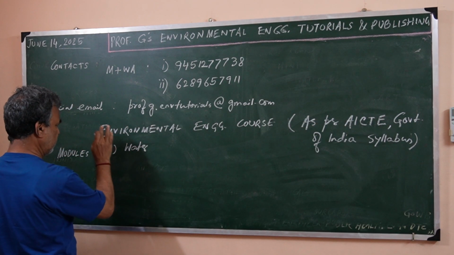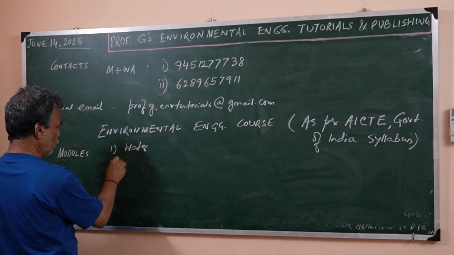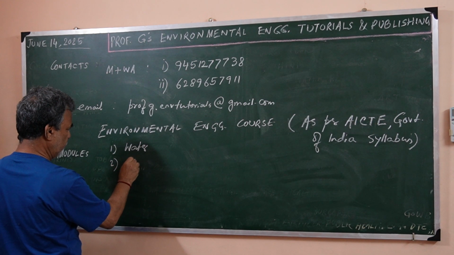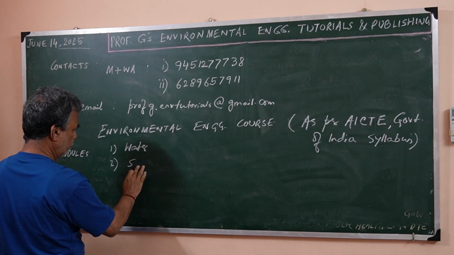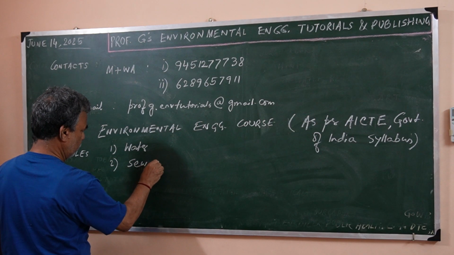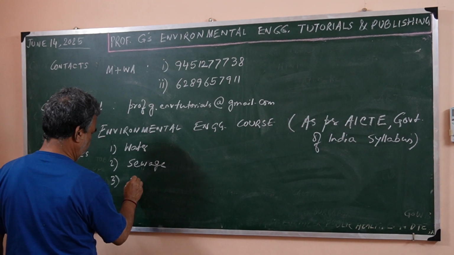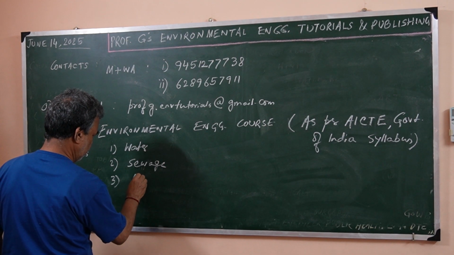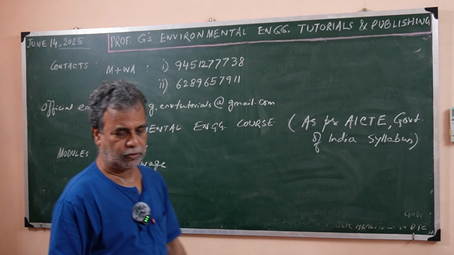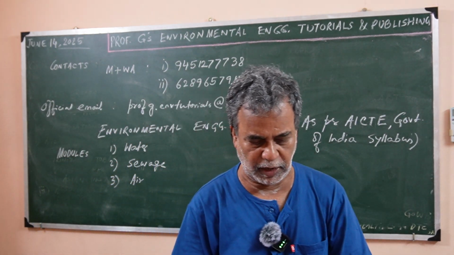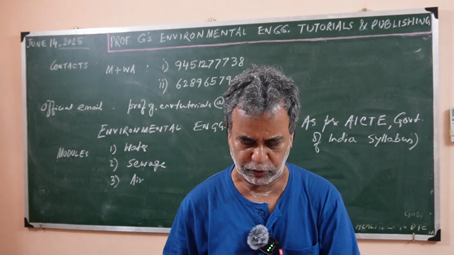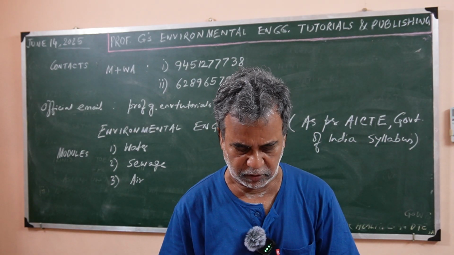The first one is water, then sewage, the third one is air. I think they have written air pollution also like that. We have got this syllabus. You can also download this, there is no problem.